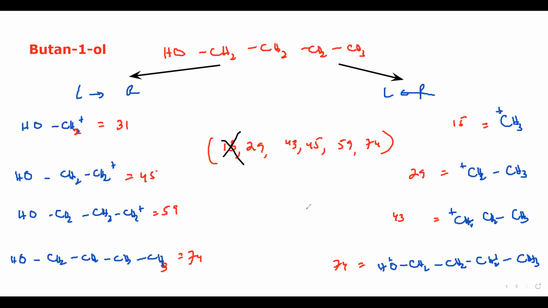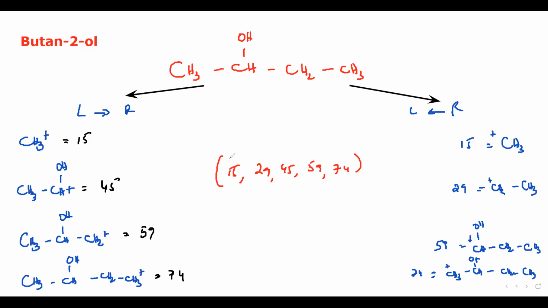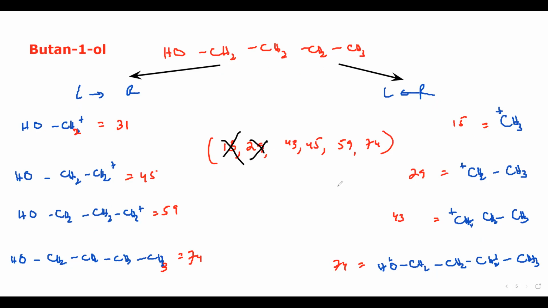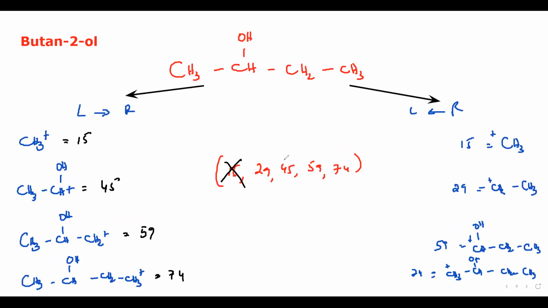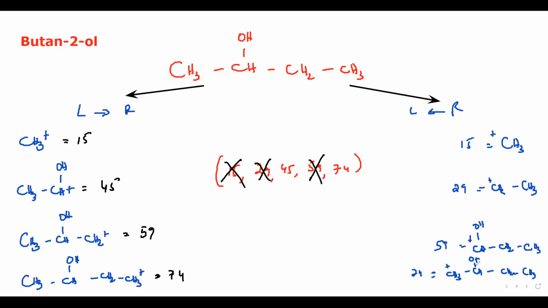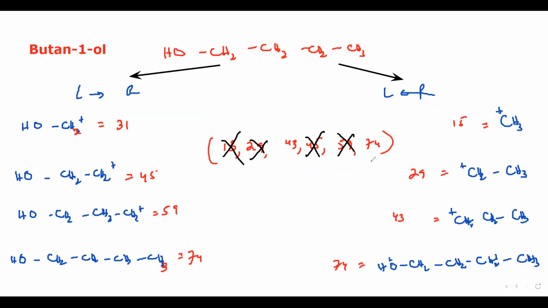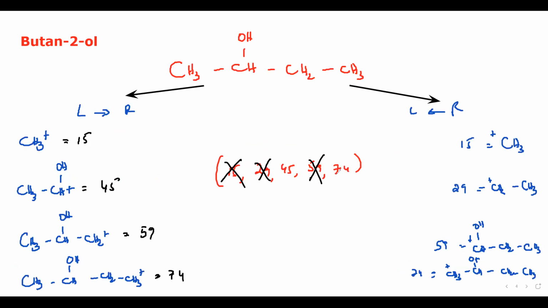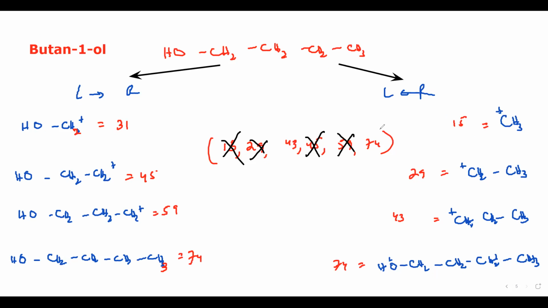Then 29 is there in both, so it cannot be used. 45 is there, cannot be used. 59 is there, cannot be used. 74 is the molecular ion, and because these are isomers, they have the same molecular mass. So only 43 can be used to distinguish whether it is butan-1-ol or butan-2-ol.